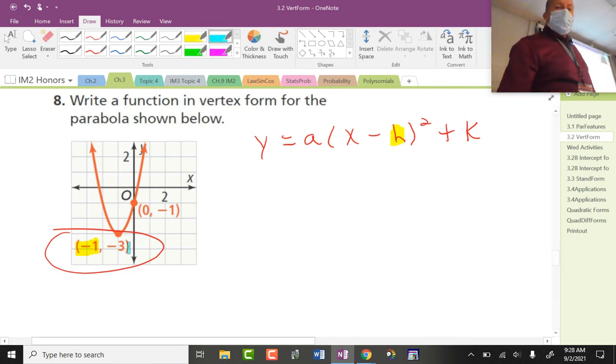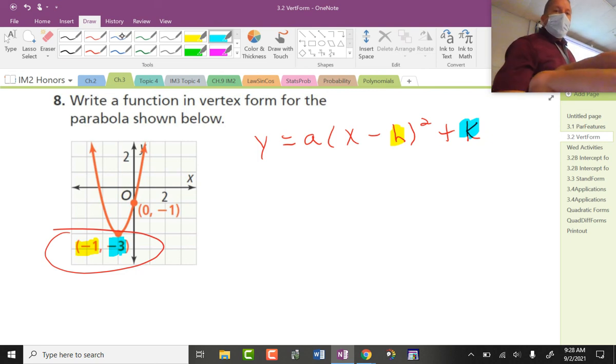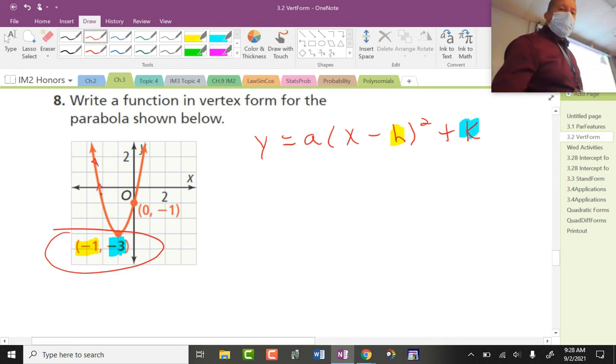Okay, 3, 2, 1. What am I going to plug that in for? K. It is a Y value, but it's actually the K that never changes for this specific picture. Now, there's an infinite amount of X comma Y's all over the place, but they happen to give me this one.